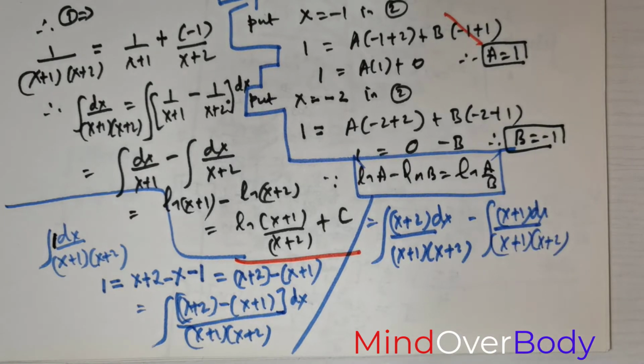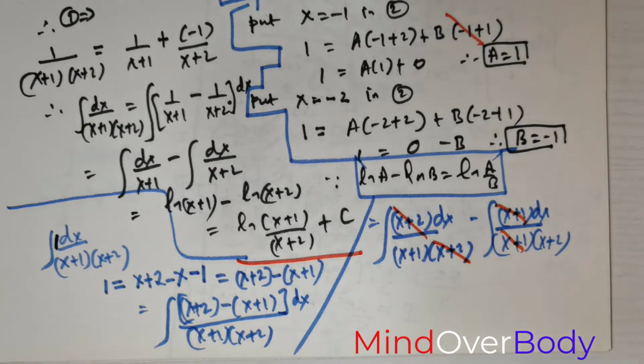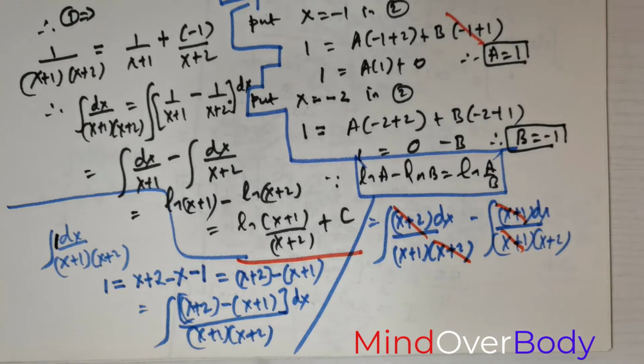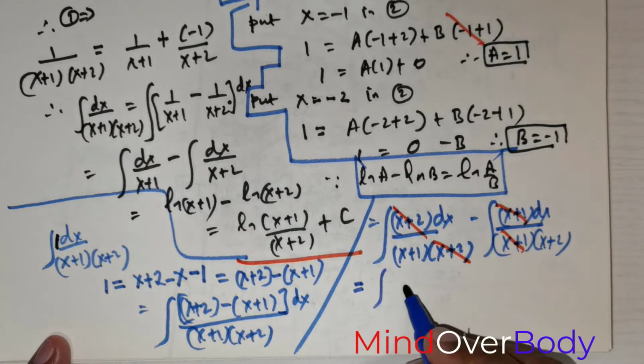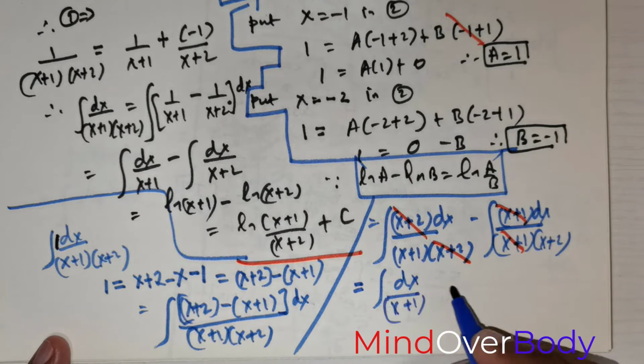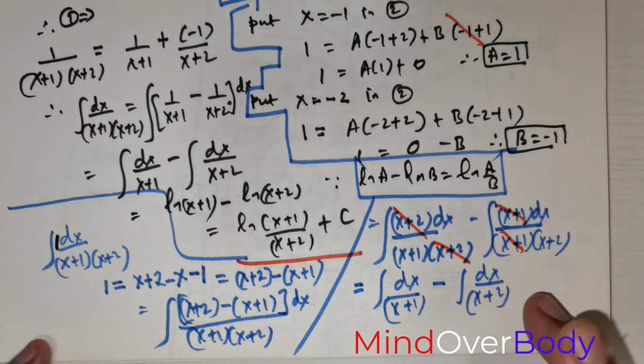So clearly we can see that x+2 and x+2 can be cancelled, x+1 and x+1 can be cancelled. If we cancel, we arrive at the integral of dx over x+1 minus the integral of dx over x+2.